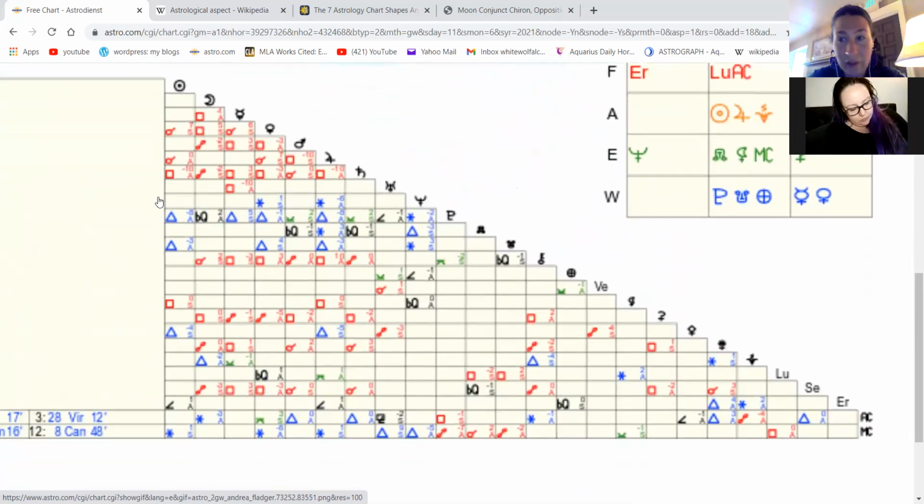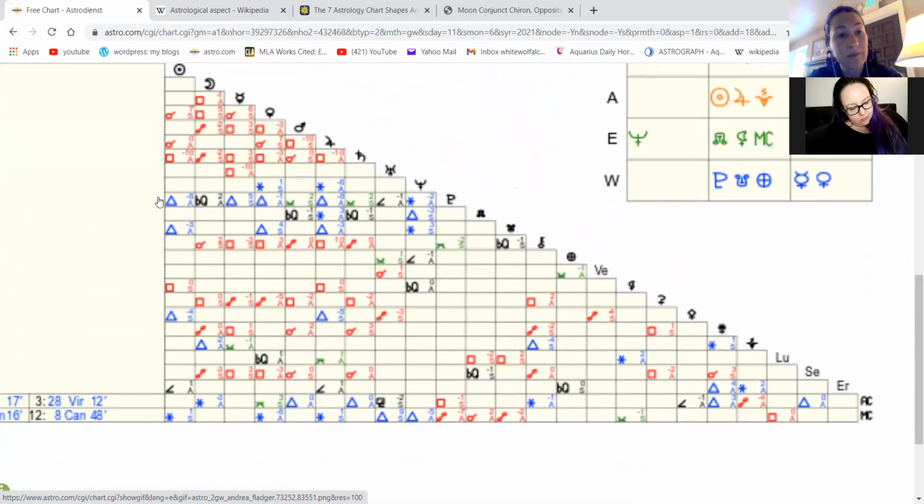You have the moon opposing Saturn. So one part of your chart wants to feel emotions, and the other part of your chart wants to be a student and learn and get serious. And Saturn's very cold. It's calculating. It's structure. It rules your skeletal structure.